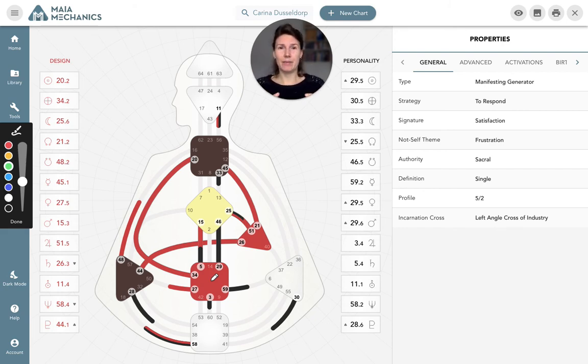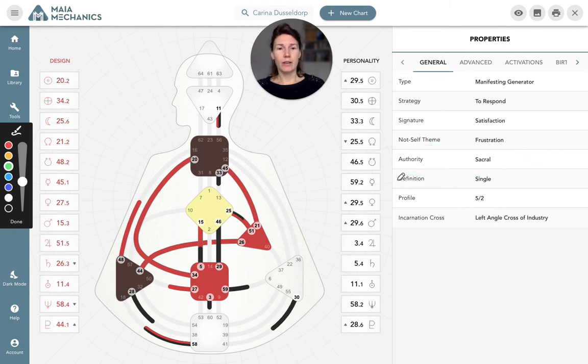It is a response to something from my body, but not from up here, not from the mind. And every authority obviously works differently, but this is, in a nutshell, how the sacral works.